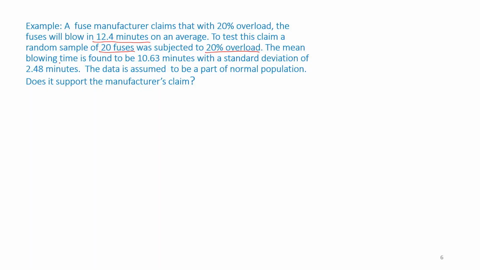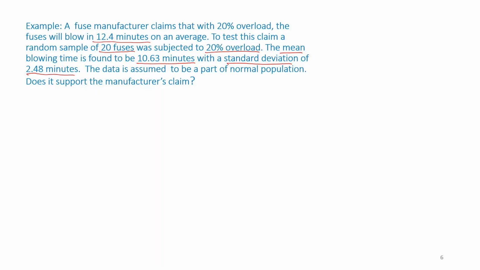The mean blowing time is found to be 10.63 minutes with standard deviation 2.4. So the mean is given and the standard deviation of the sample is also given. The data is assumed to be part of a normal population, so the nature of the population is also stated.